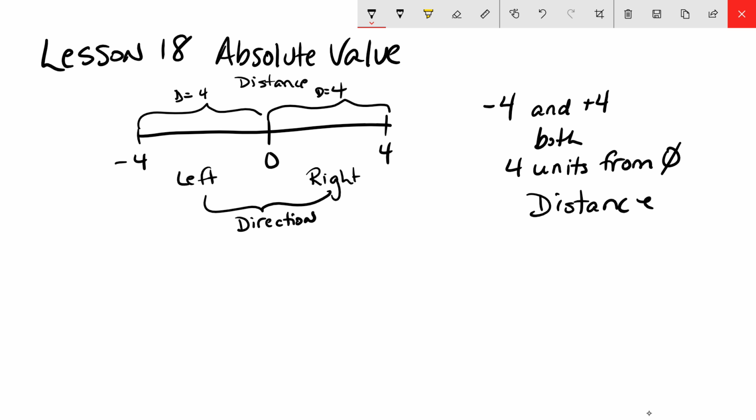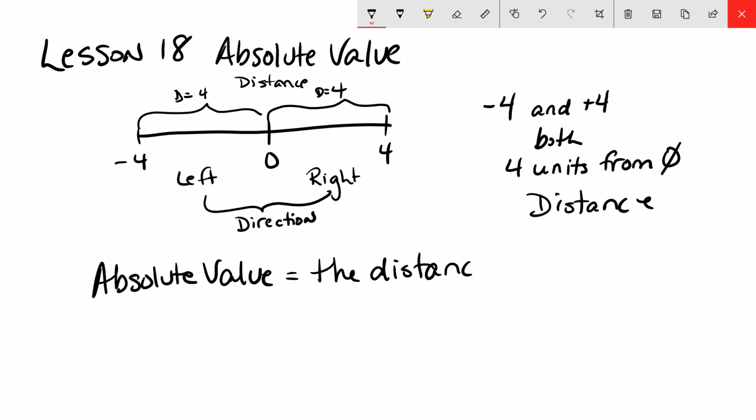All right. Absolute value is the distance between two numbers. The distance between two numbers.